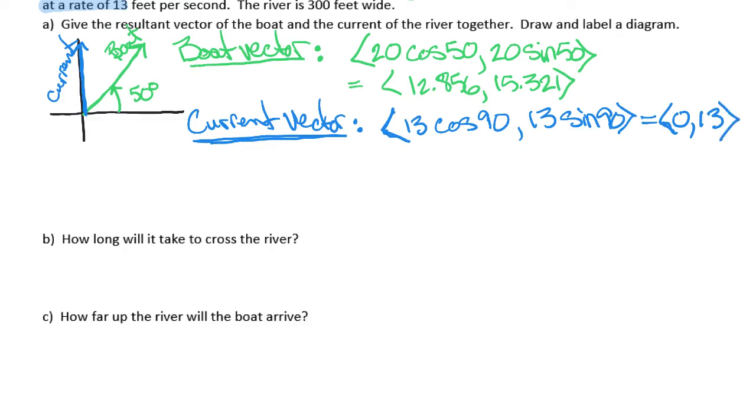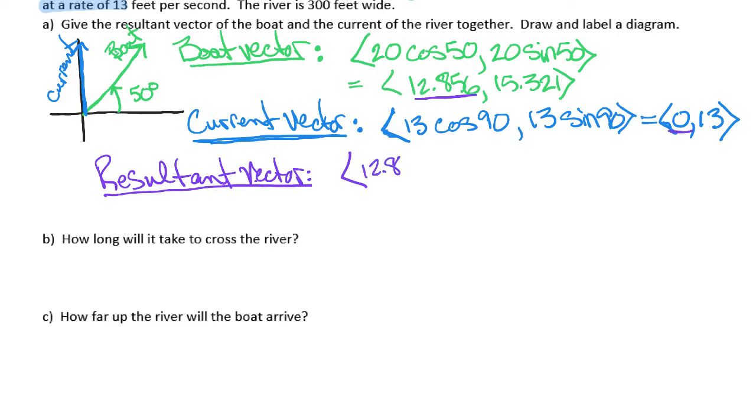Okay, so we need to find our resultant vector. It means that we need to add together our x components. Let's do the one that I already have calculated. So it's going to be 12.856 plus 0.